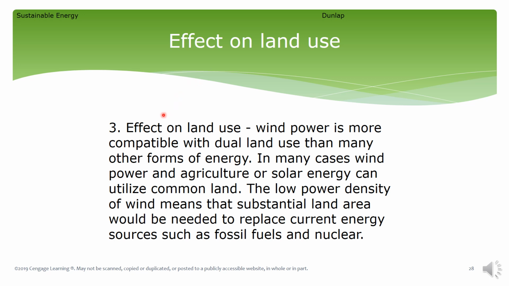And the third one is effect on land use. Wind power is more compatible with other land use than any other forms of energy. In many cases, wind power and agriculture or solar energy can utilize common land. The low power density of wind means that substantial land area would be needed to replace current energy sources such as fossil fuel and nuclear.